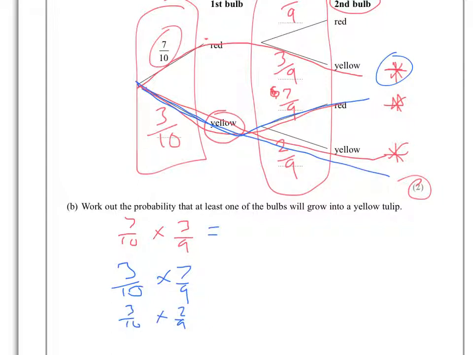Let's work those out. 7 times 3 is 21, 10 times 9 is 90, 7 times 3 is 21, 10 times 9 is 90, 3 times 2 is 6, 10 times 9 is 90, and then we've got to add these 3 things together, so 21/90, add 21/90, add 6/90 is 48/90 for the mark, if I've done that add up correctly. I think I have.